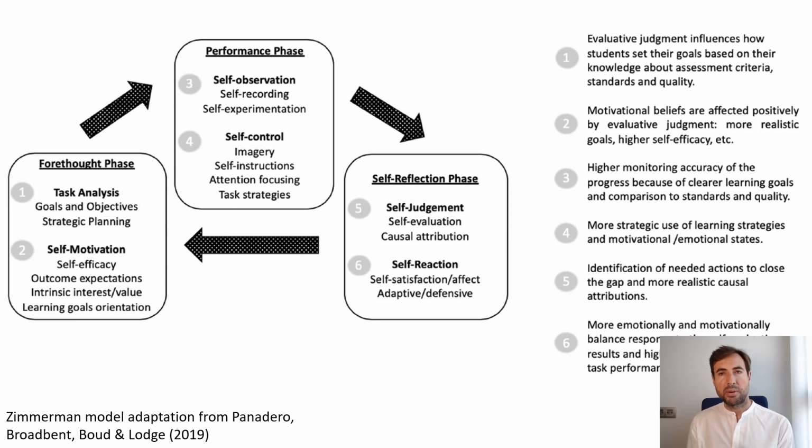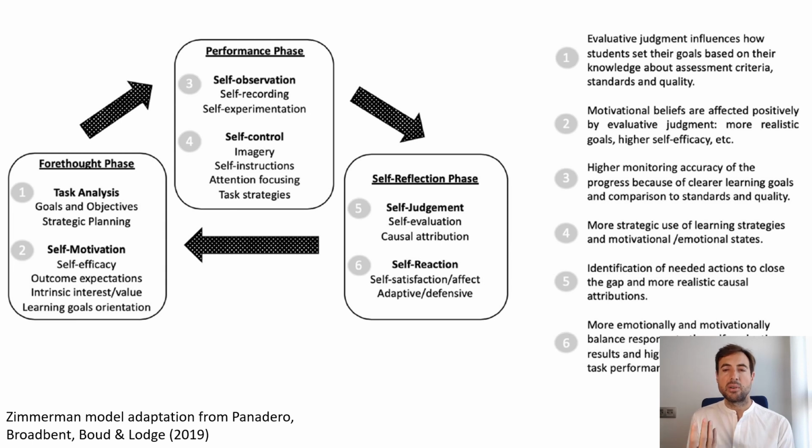Then when they move into the performance phase, when they have to monitor their progress, they will be able to be more accurate with the progress because they have a model to contrast with based on, for example, rubrics, or because they know that they are going to be receiving feedback from the teacher. And by being more precise and accurate, they are able to establish other strategies when they face difficulties.